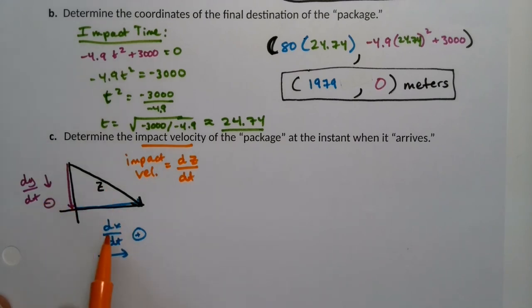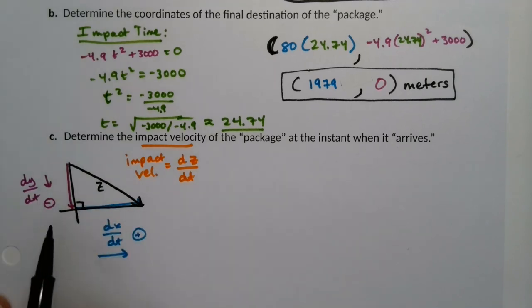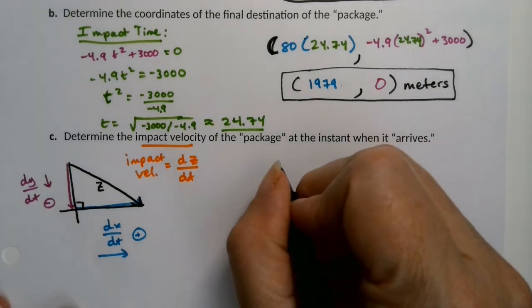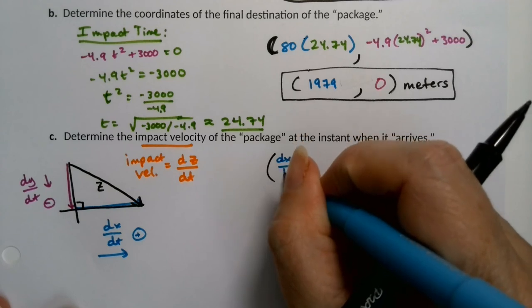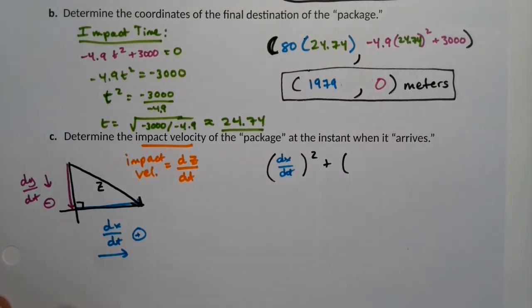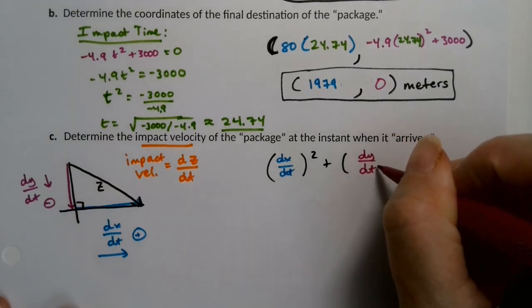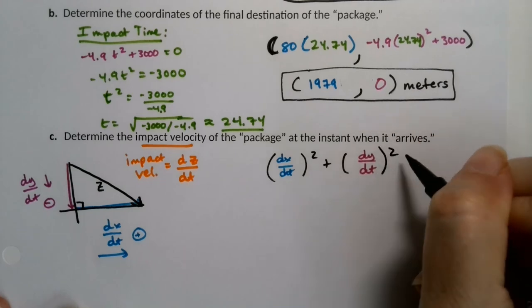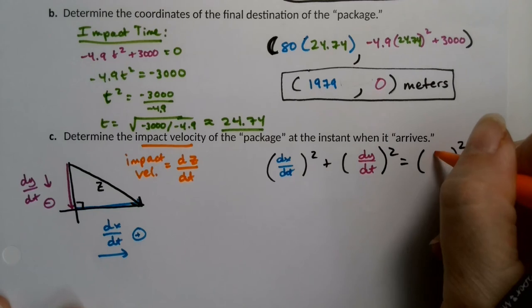But you know x and you know y, and look at what kind of object we have drawn. Pythagorean identity, right? So (dx/dt) squared plus (dy/dt) squared will be equal to (dz/dt) squared.